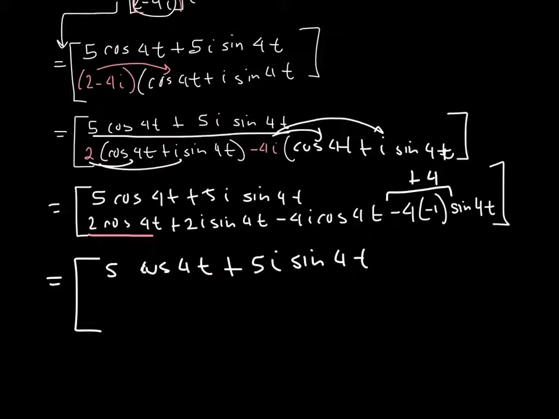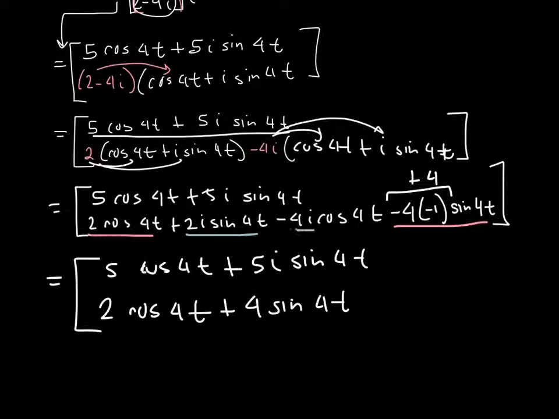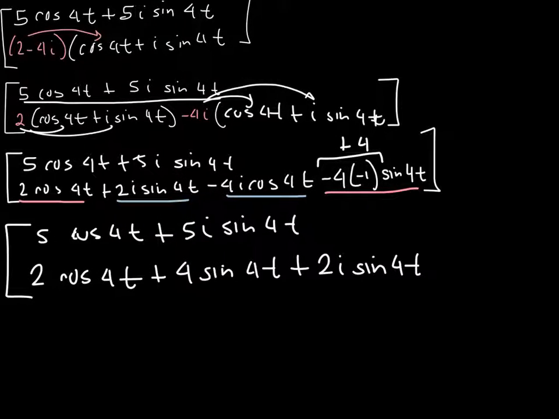So I'm going to write that out: 2 cosine 4t plus 4 sine 4t. And these are my imaginary parts: plus 2i sine 4t minus 4i cosine 4t.